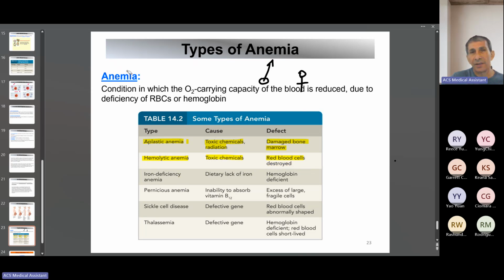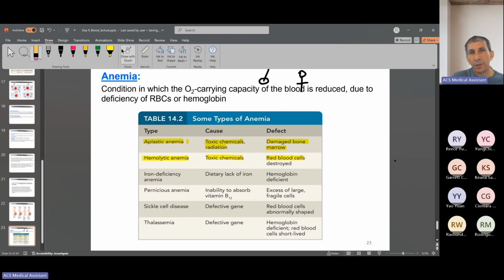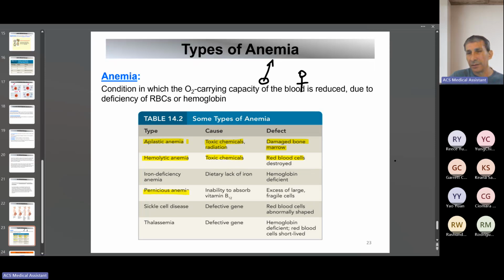Iron deficiency. There is another type of anemia called pernicious anemia, but this is nothing else than the deficiency of vitamin B12. Then you heard about sickle cell anemia and thalassemia.